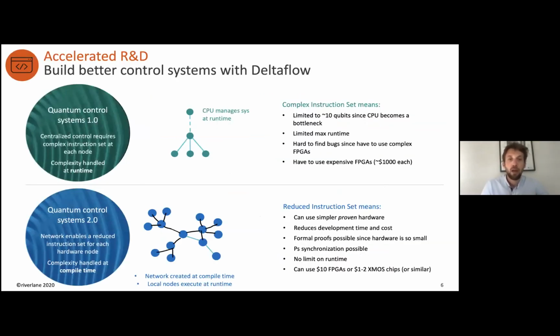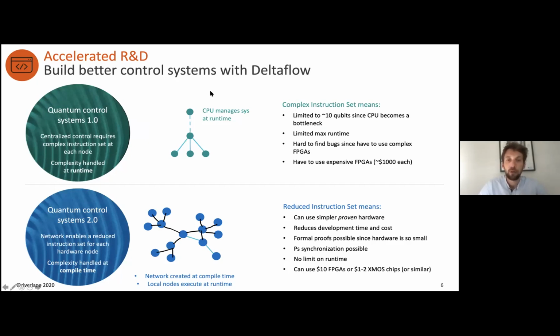The other important bit that I want to present today is the way that we think Deltaflow can accelerate R&D, and this is based more on a paradigm shift that Deltaflow enables. Deltaflow matches the data flow model of computation, and this becomes important when you want to target a distributed system.